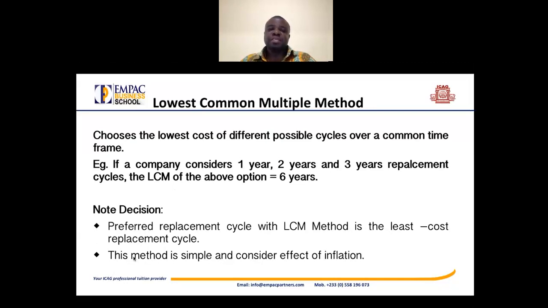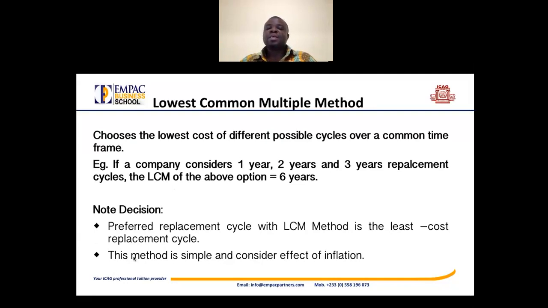It's the same principle that we are adopting for this method. So we choose the lowest cost of the different possible cycles over a common time frame. For example, if you are given a consideration for 1 year, 2 year, and 3 year replacement cycles, you would have to determine the lowest common multiple of the cycles above. So 1, 2, and 3.